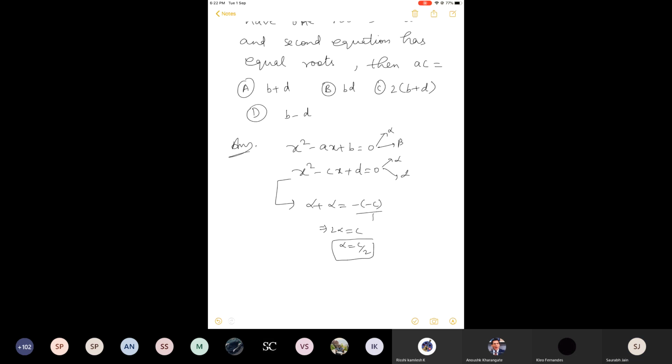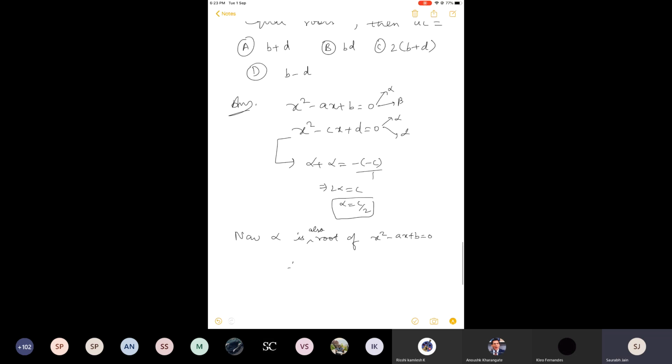Now, alpha is a root of the first equation, x square minus ax plus b equal to 0. Therefore, alpha square minus a alpha plus b equal to 0. Now we have to find a relation in A, B, C, D. We have to express AC in terms of B and D, so at least we do not need alpha.